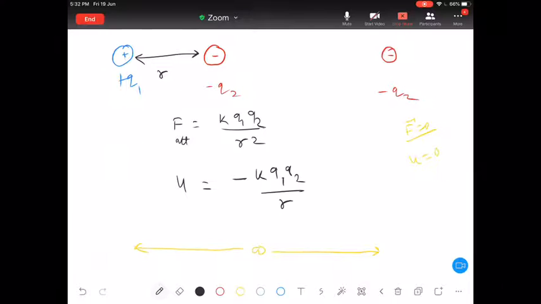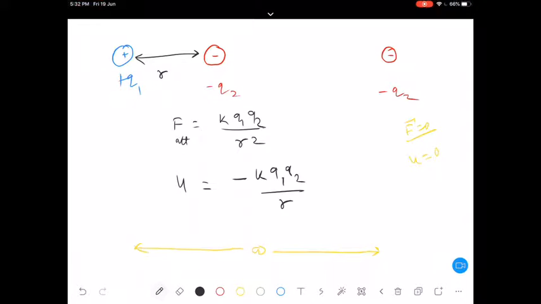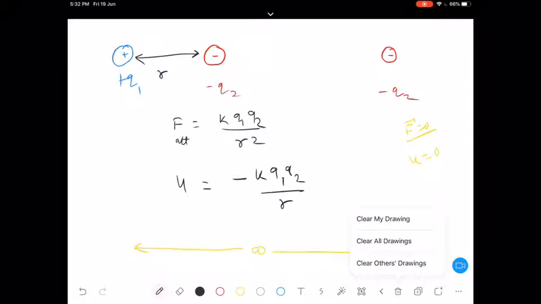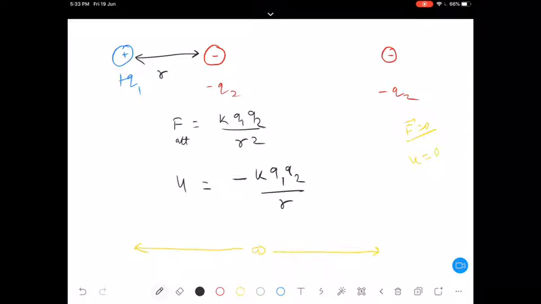Okay, no problem. So now I'll start with that energy part, and we will understand how we will define energy of different species. Okay, let's start. I'll clean this one. It won't be part of the notes. Okay. So if you want to take a screenshot, you can take a screenshot. Done.